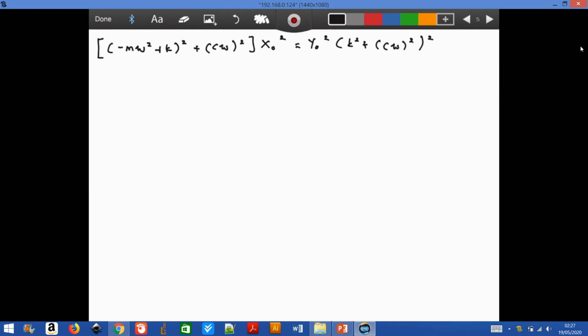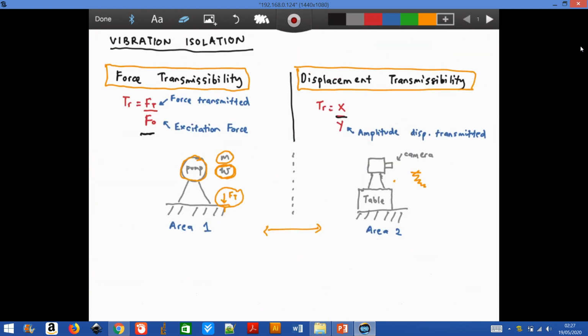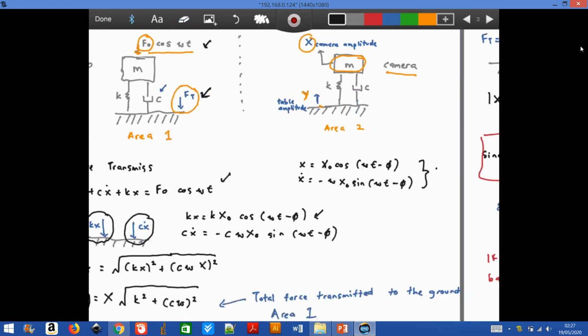So in the previous slide, which is this one, we know that the transmissibility ratio is x over y.